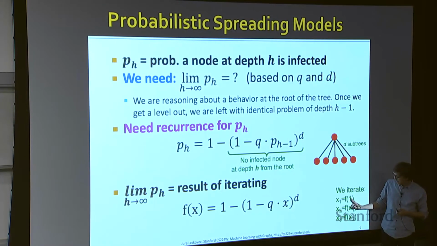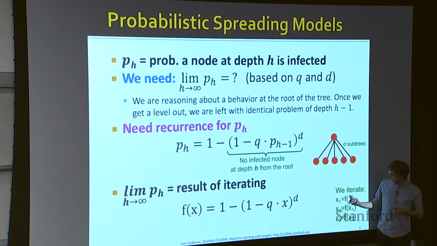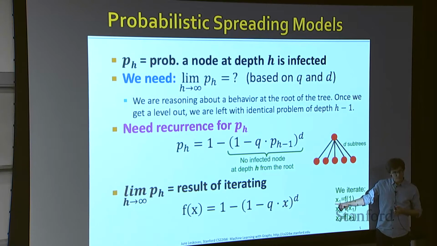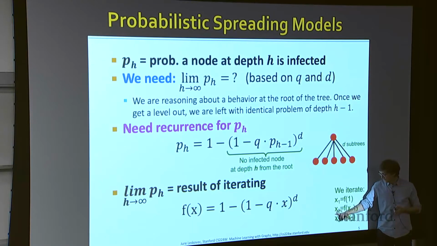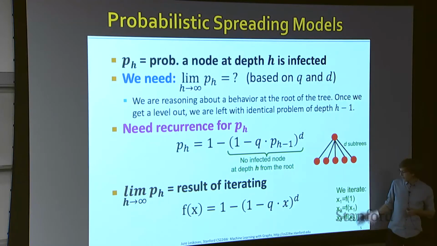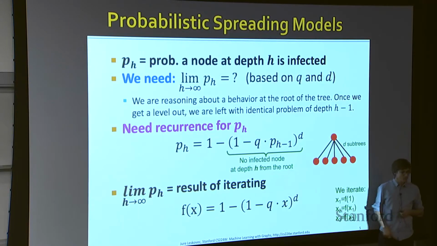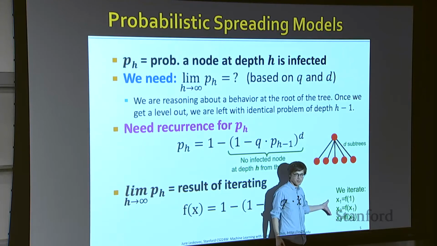Because I go from level 1, this is the probability of having an infected node at level 1. This is now the probability in some sense of getting an infected node at level 2, level 3, level 4, and so on. Clear what I mean by iterating?